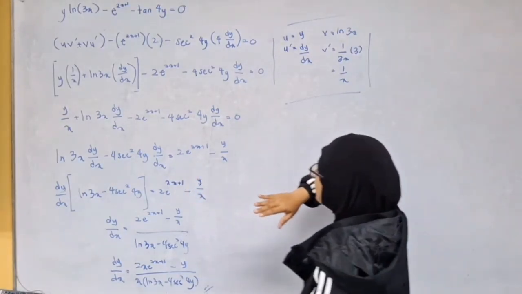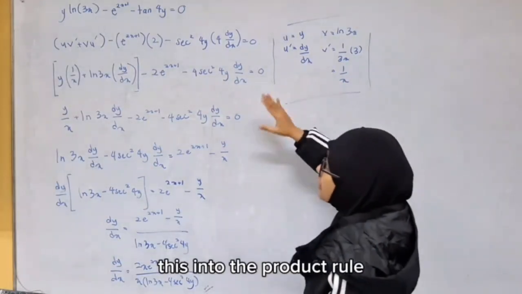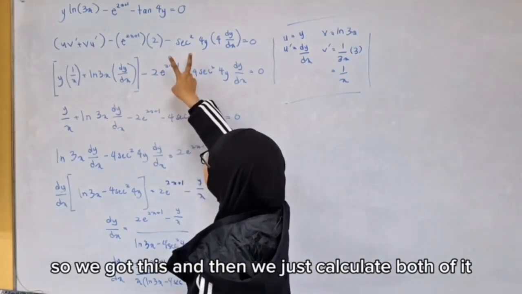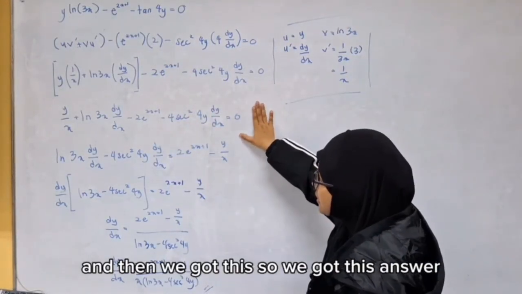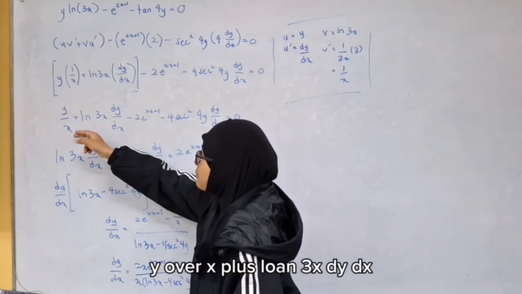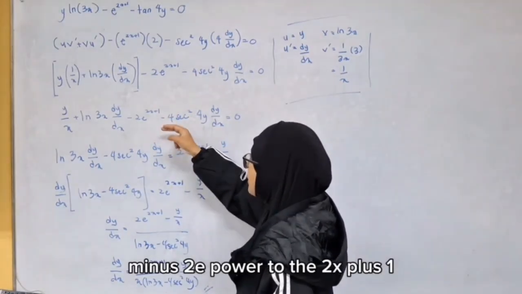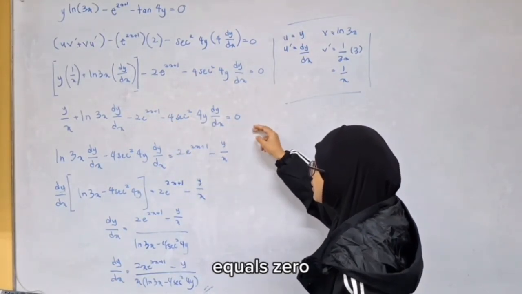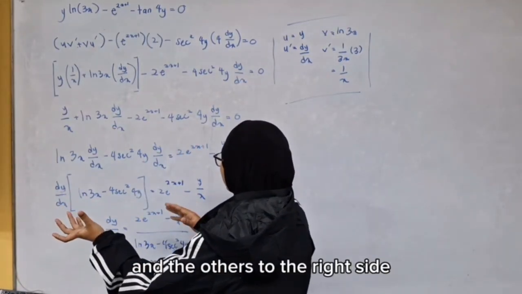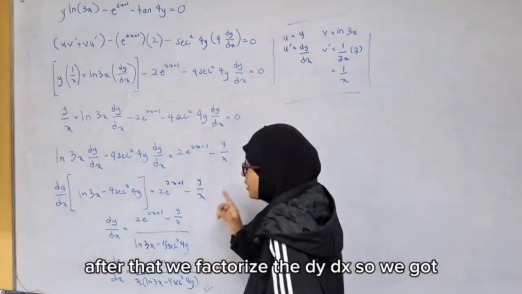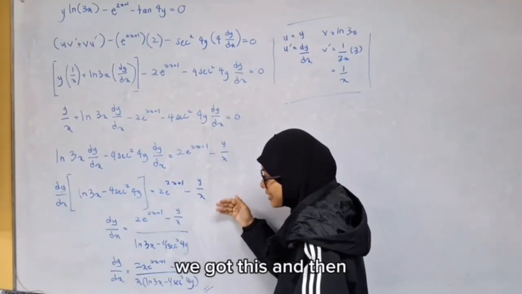And then we just put this into the product rule, so we got this. And then we just calculate both of these, and then we got this answer: y over x plus 1 to the x dy/dx minus 2e to the power x plus 1 minus cos sec squared 4y dy/dx equals 0. So we arrange the dy/dx to the left side and the others to the right side. After that, we factorize the dy/dx. So we got this.